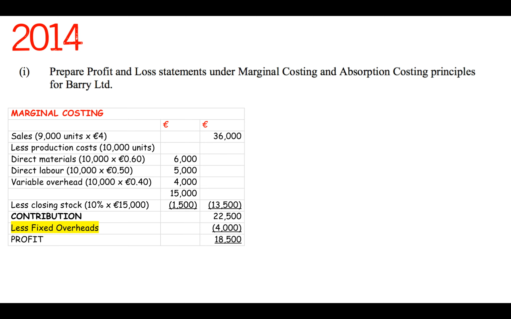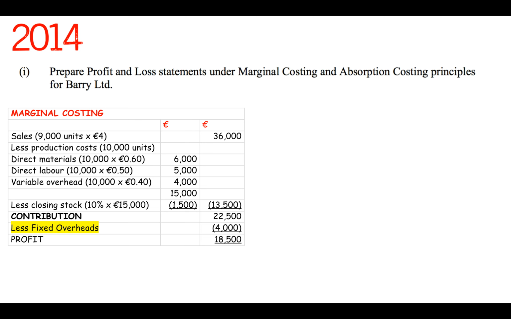Okay, so this is it under marginal costing principles. So we have done this before, when we were looking at our marginal costing, when we were doing our break-even analysis and everything in all of those videos. So our marginal costing would be sales less variable costs is equal to contribution and then less our fixed costs.